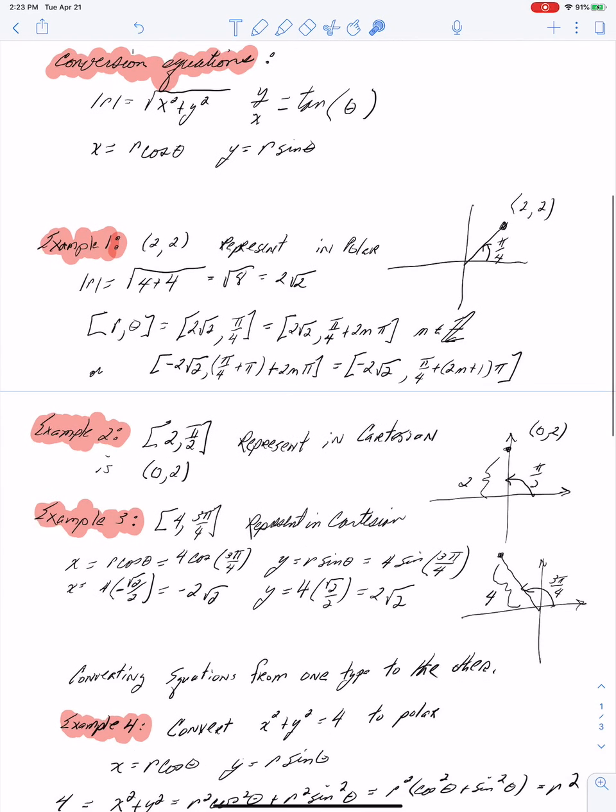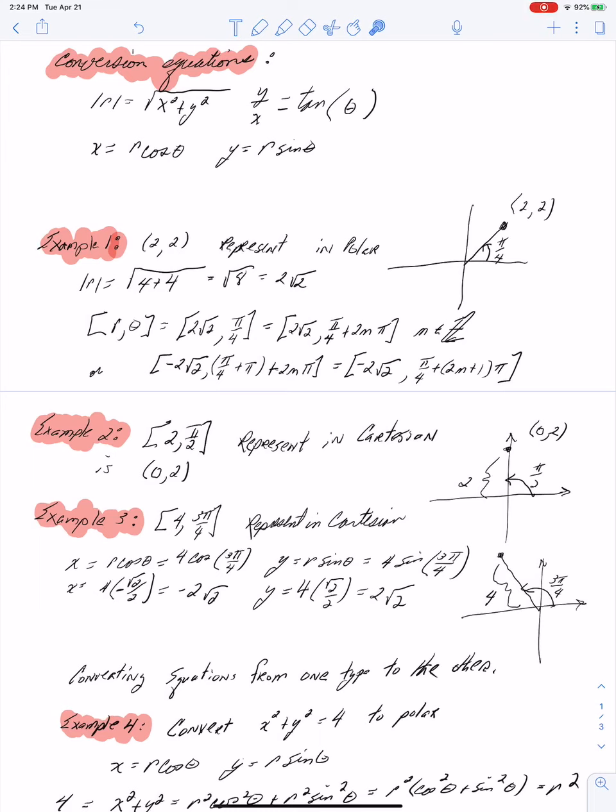Now, what if life gets a little more complicated? Example 3, 4 comma 3 pi over 4, so 3 pi over 4 puts me in quadrant 2. This is a distance 4 away. I'm interested in what the Cartesian coordinates of that point are. Well, remember my conversion equations. X is r cosine theta, y is r sine theta. So x is 4 cosine of 3 pi over 4.